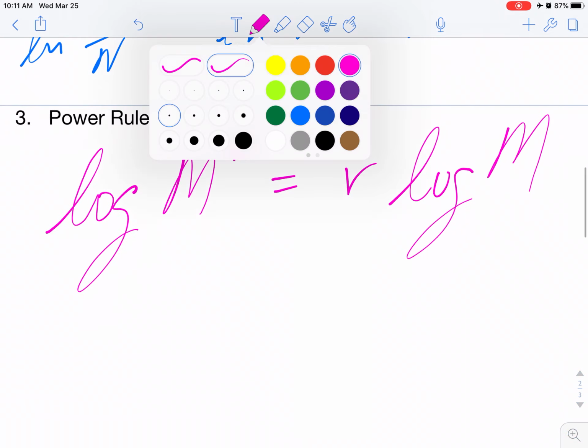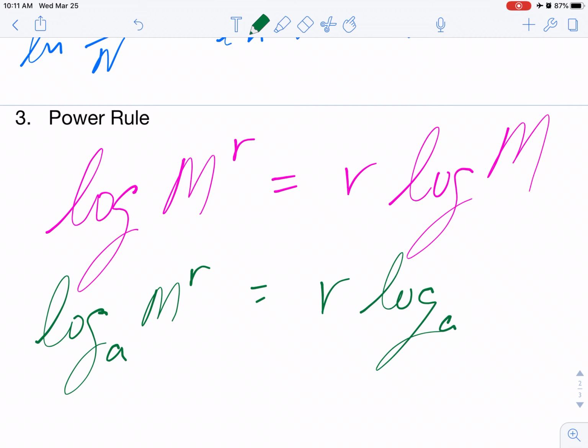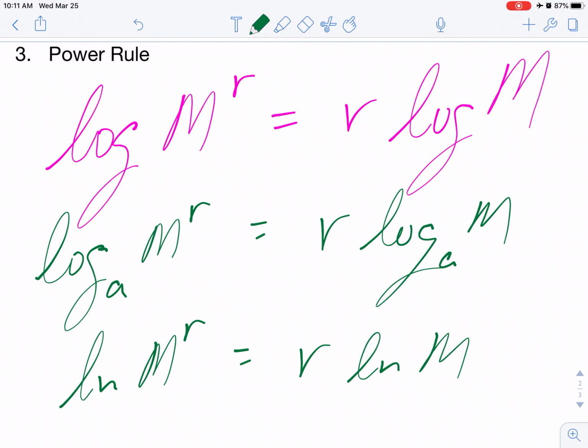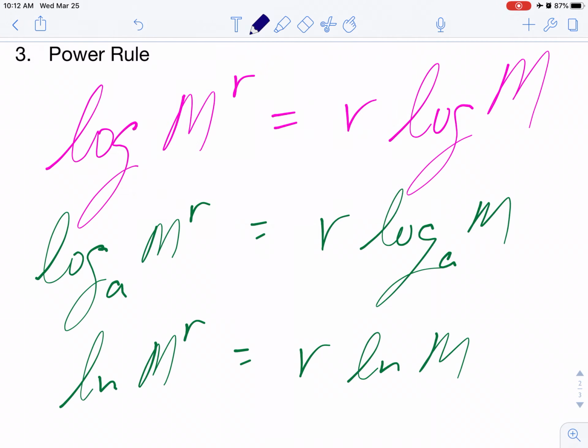And again, I could write this with other bases. It doesn't have to be base a, but it can. It works for the natural log. And remember, m can be anything, basically any algebraic expression. So the thing that you got to notice on all three of these things that I just wrote is that the exponent ends up coming out front.